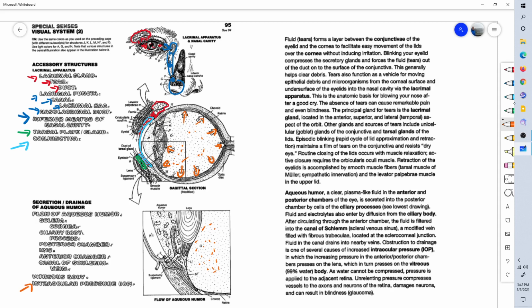And in the space in front, in the aqueous space, there's also fluid called the aqueous humor. And this fluid comes from a place called the ciliary body, the ciliary process of the ciliary body, right here.